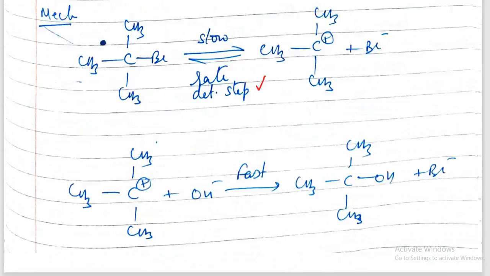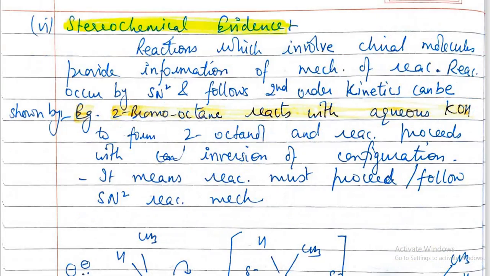So next is stereochemical evidence. The stereochemical evidence generally involves reactions in which chiral molecules are present, and it gives information about the chiral molecules mainly.